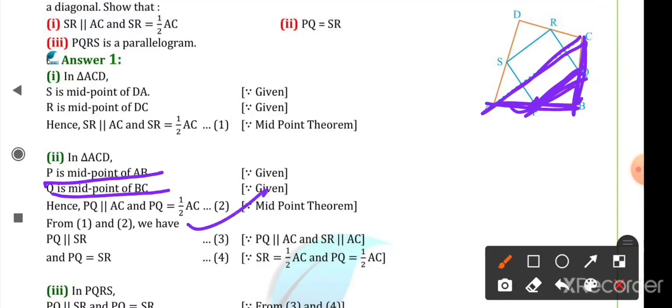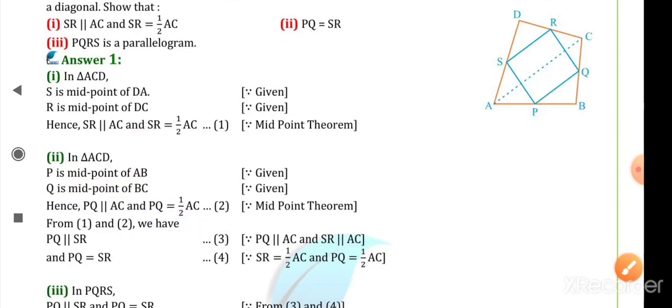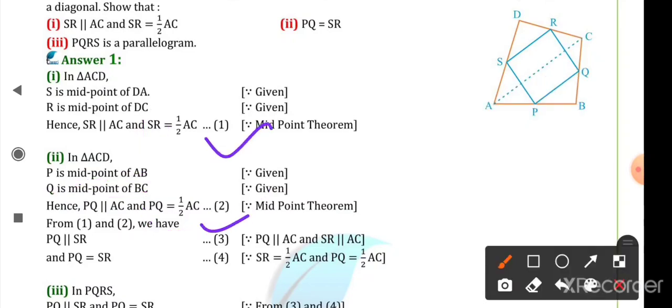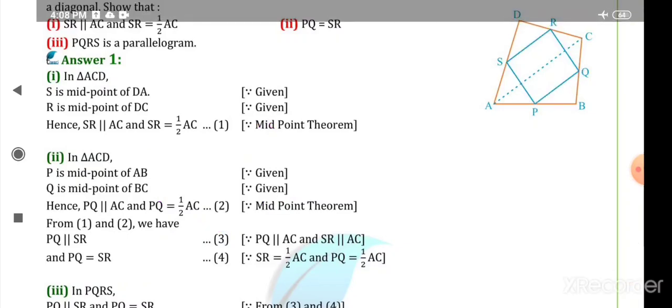They have written here, SR is half of AC and PQ is half of AC. So from equations 1 and 2, PQ and SR are equal to each other, and this is the second part of the question. Now, moving to the third part, since SR is parallel to PQ and SR is equal to PQ, hence we can say that PQRS is a parallelogram. This is the third part.